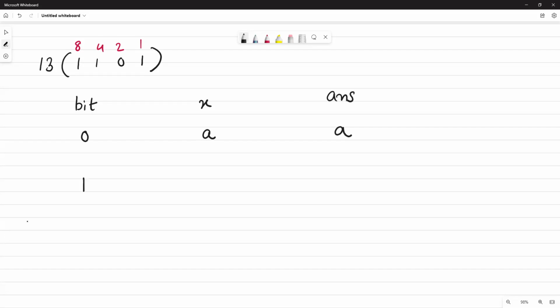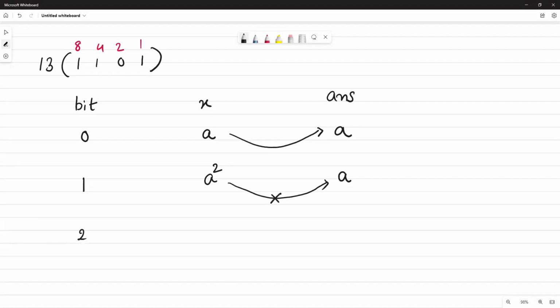Your first bit is unset. Since it is unset, here it should be a square, that is doubled. But should it be multiplied to your answer? No. So it will only remain as a. This is reflecting in your answer, but this will not reflect because it is unset.